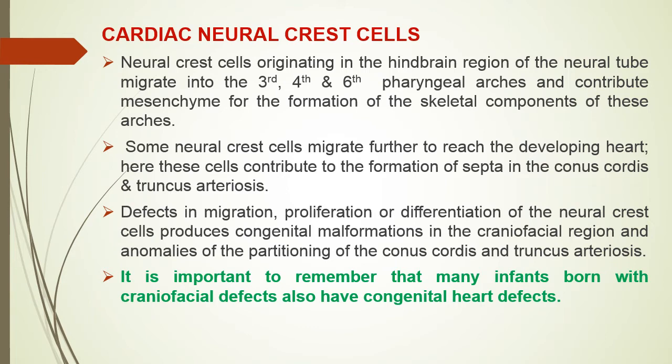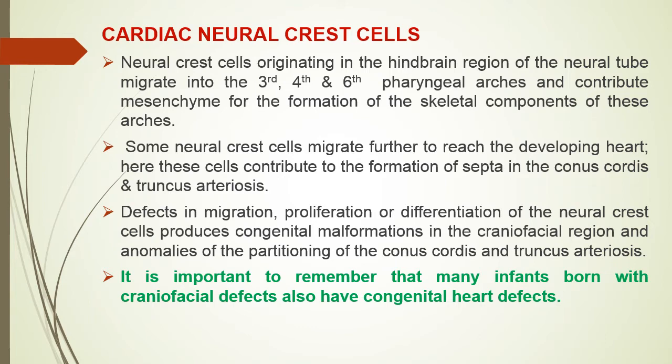In the beginning, the heart is developing quite high, as we have discussed already. It is almost in the cervical region. Later on, it descends. So when it is present very close to the pharyngeal arches, the neural crest cells from the pharyngeal arches migrate into the developing heart, and they contribute to the formation of septa, the conus cordis, and truncus arteriosus.